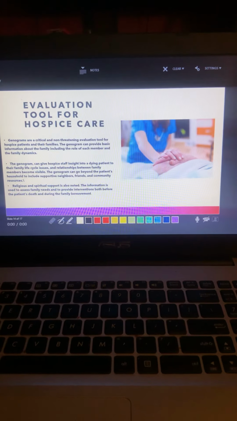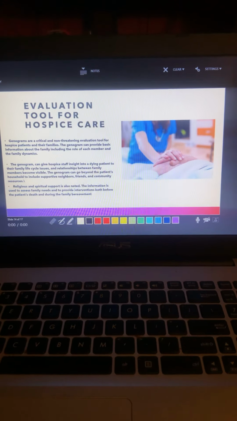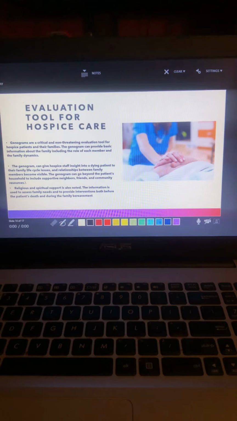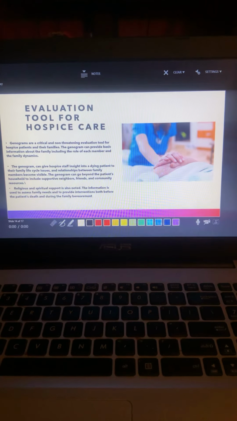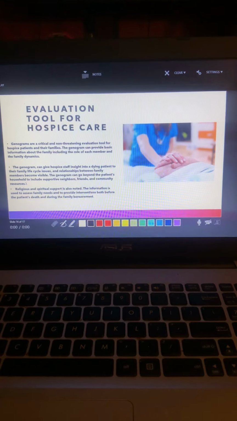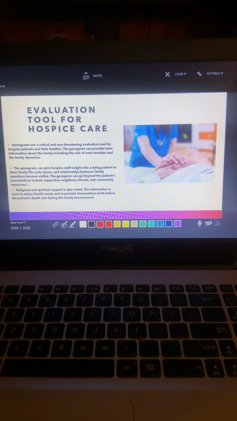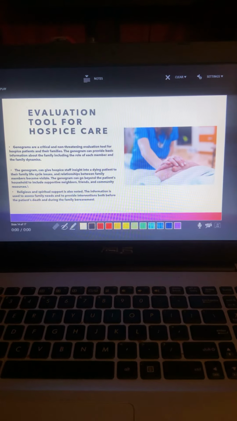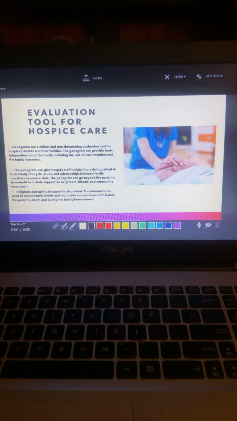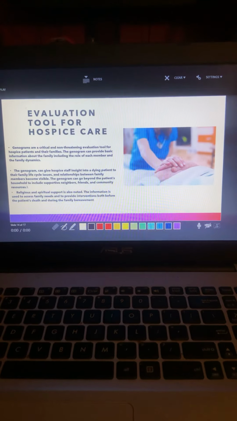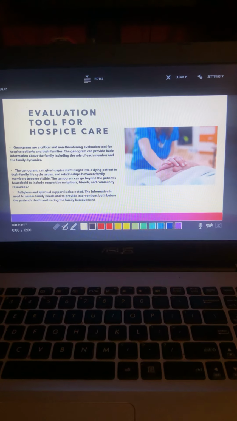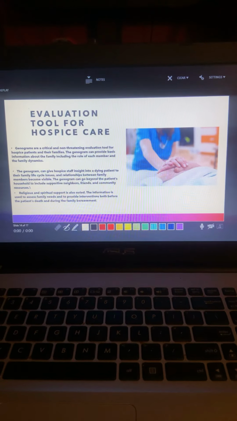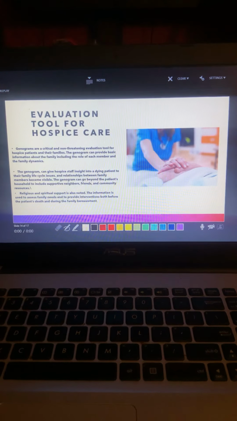The genograms can give hospice staff insight into dying patients, their family life cycle issues, and relationships between family members become visible. The genogram can go beyond the patient's household to include supportive neighbors, friends, and community resources. Hospice is the last care with these elderly, so staff can see the neighborhood, the support, and the relationships between family members.